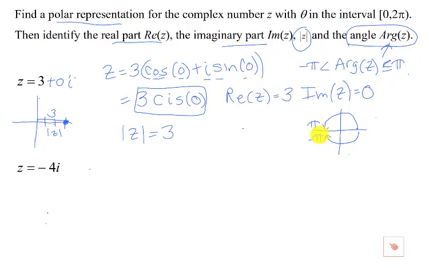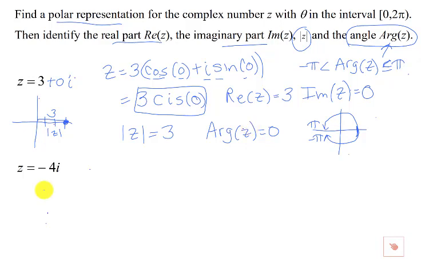So we have to give, the arg is the answer to this, an angle that's in that interval from negative pi to pi. So in this case, 0 is on that interval right there, and we can just put 0 then because it's in between negative pi and pi.